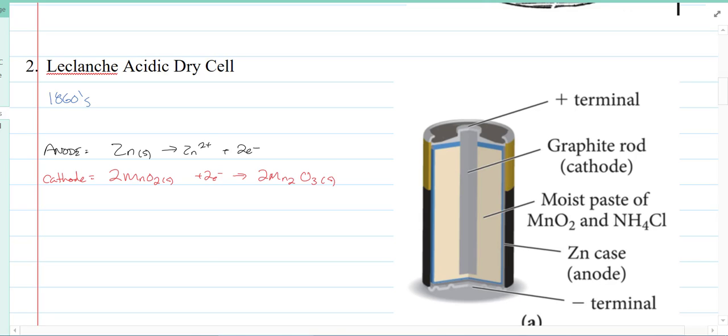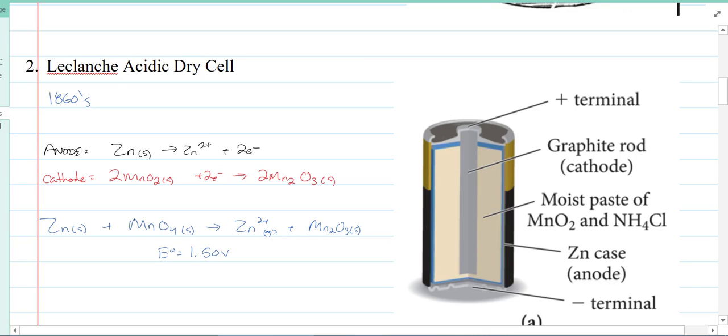So overall, we have zinc plus manganese 4 oxide going to zinc 2 plus and Mn2O3. So that's our overall. And the voltage is 1.50 volts because it's manganese and zinc.